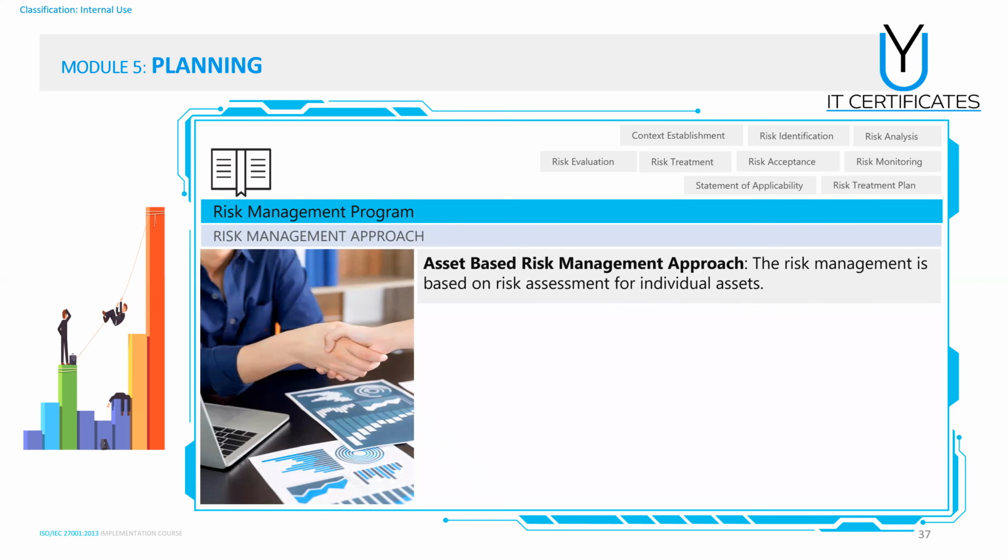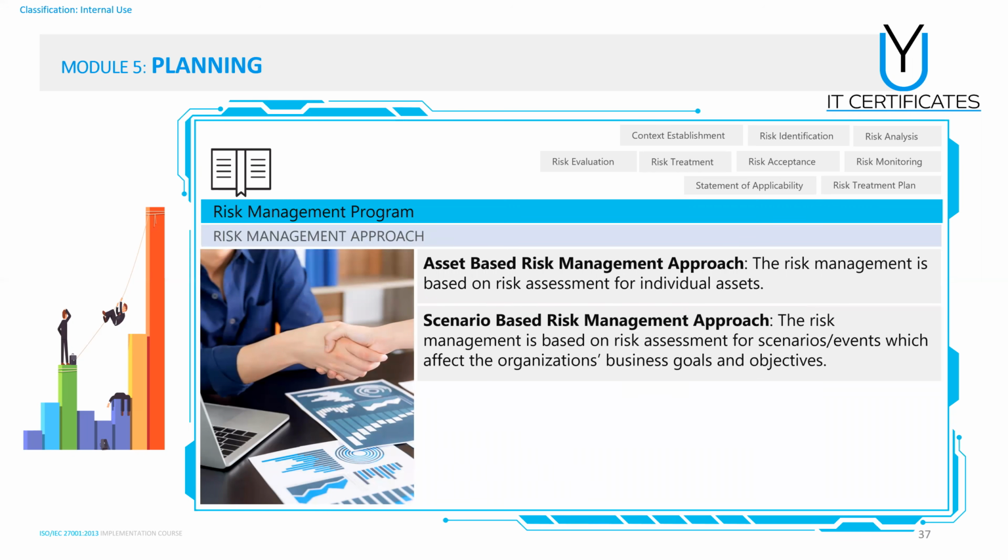The risk management approach. We have 2 different approaches: asset-based approach or scenario-based approach. Asset-based approach means that you take asset by asset and check for the vulnerabilities and the threats which threaten these assets.